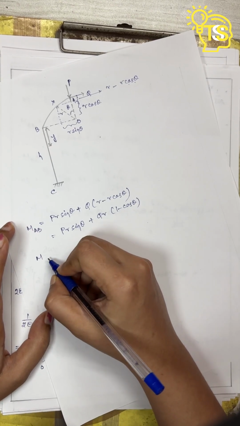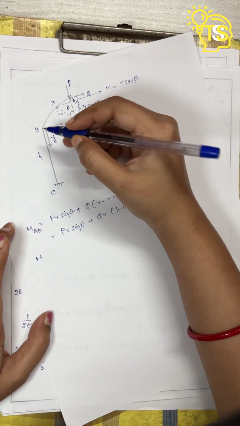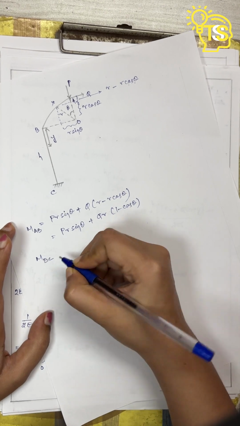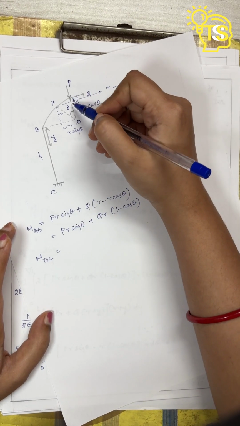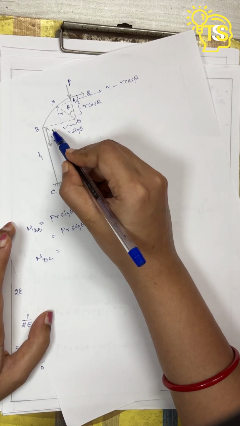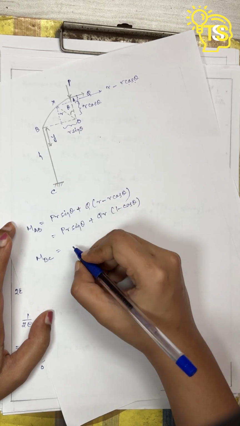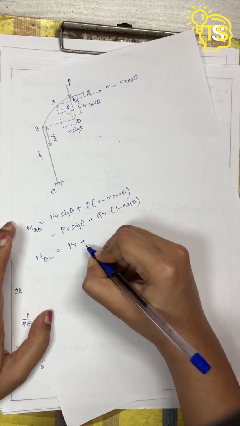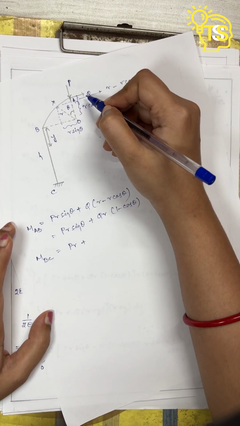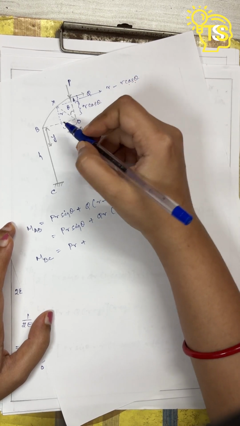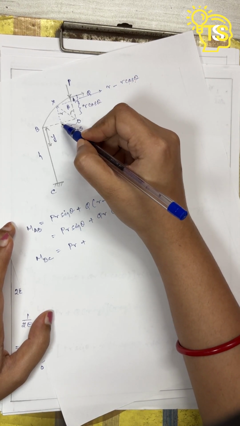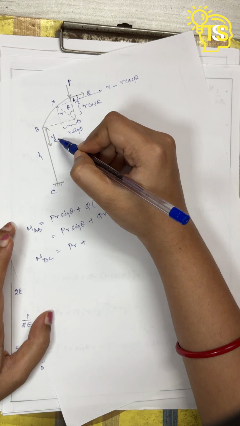Now let's calculate the moment BC. Moment at BC will be P into its perpendicular distance, that is r, so P r. Now for the horizontal force, the moment will be Q into (r plus y).